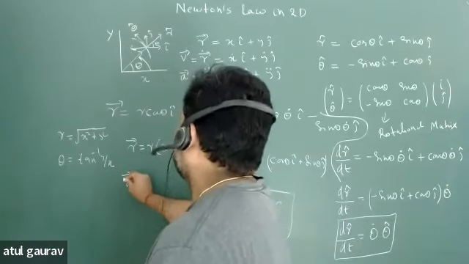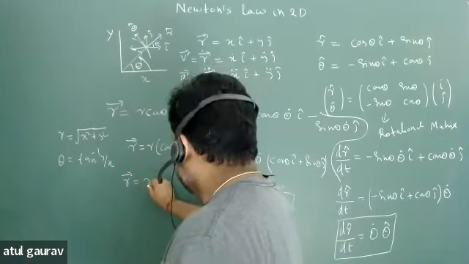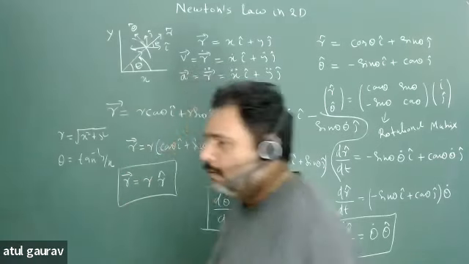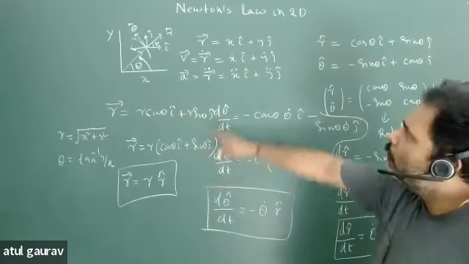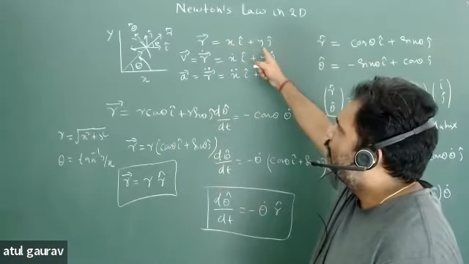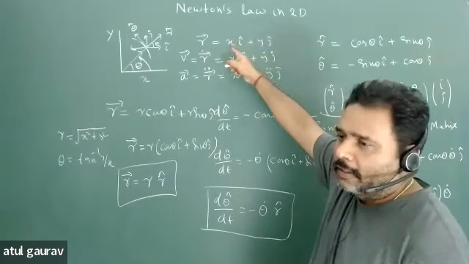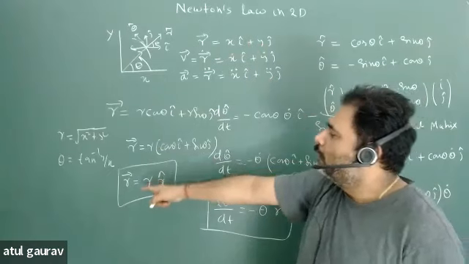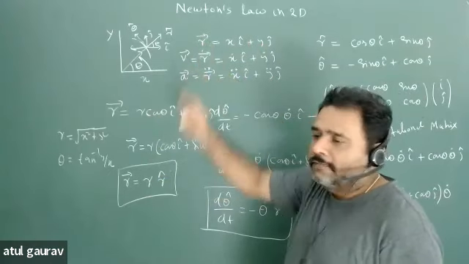R vector in polar coordinate is magnitude and only one direction. Now, when you are writing the position vector in Cartesian coordinates, how many directions do you need to define your position vector?